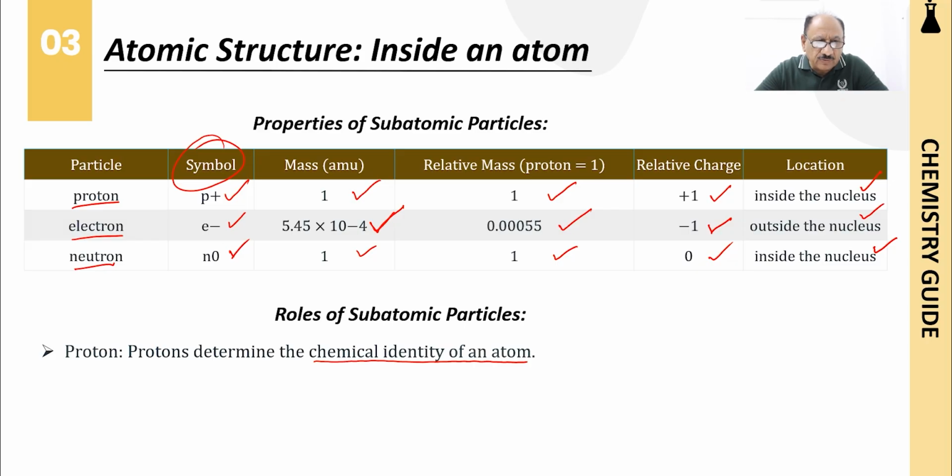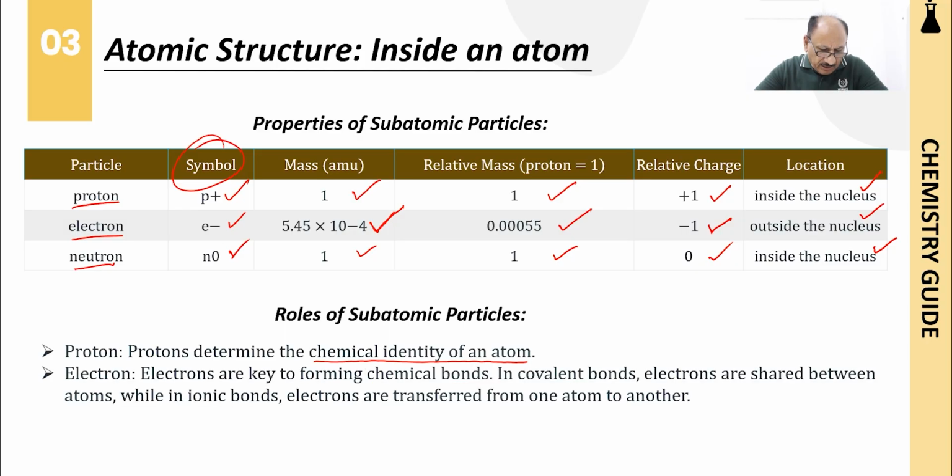If we increase by one or decrease by one, it will not be the same element, it will be a different element. And electrons are key for forming chemical bonds. All the chemical properties of elements are based on the number of electrons revolving around the nucleus, and that too is mostly based on the valence shell electrons.